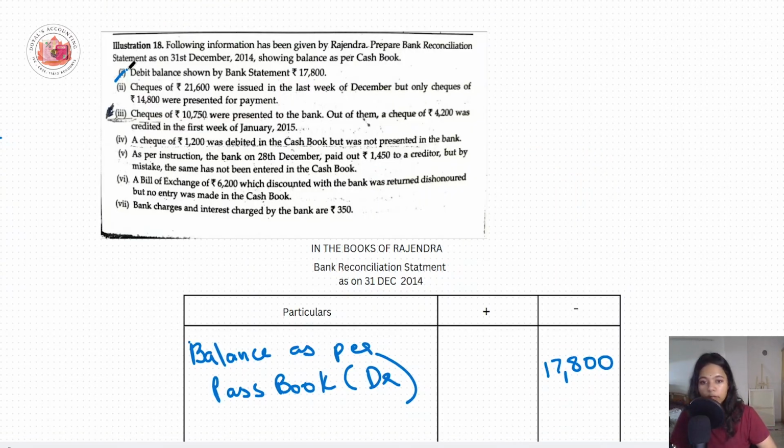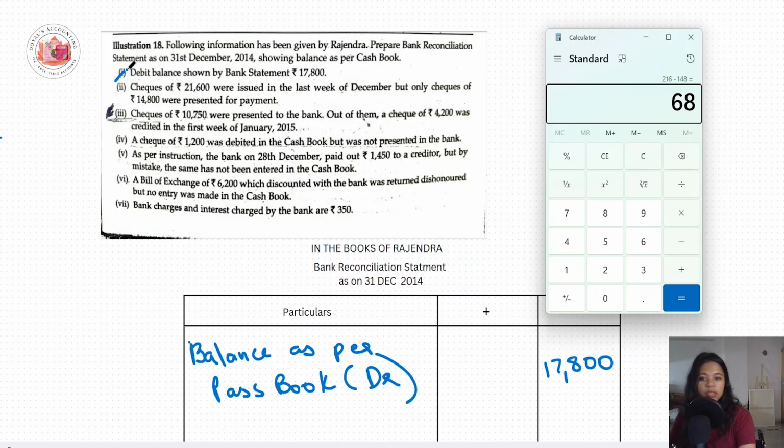Checks of rupees 21,600 were issued in the last week of December, but only checks of 14,800 were presented for payment. So what is the difference between the two? 21,600 minus 14,800 is 6,800.